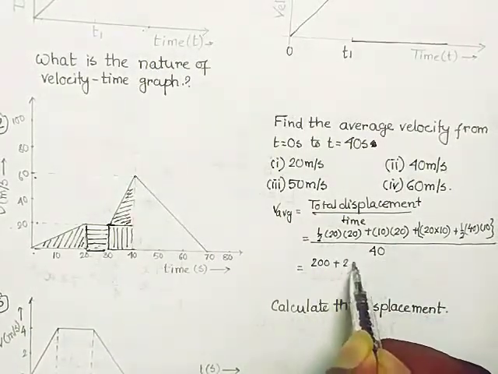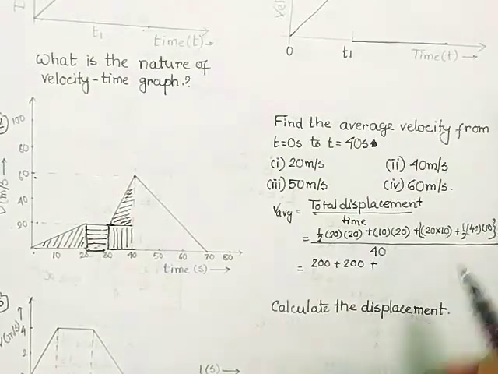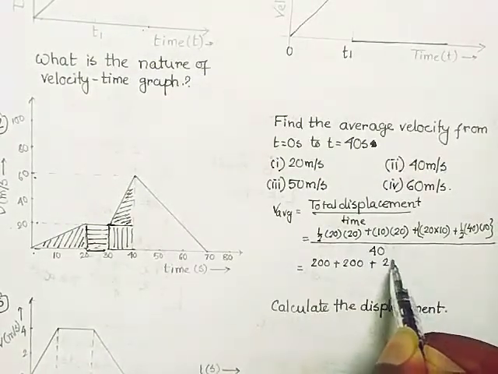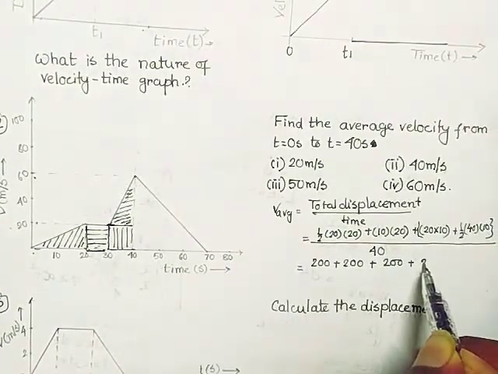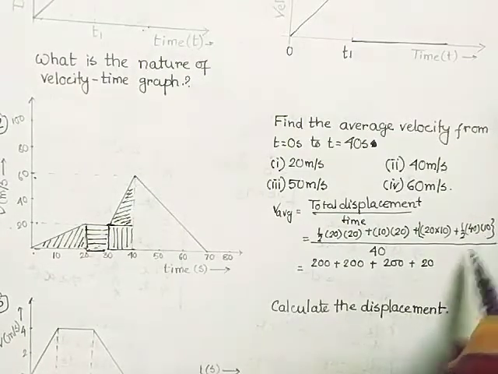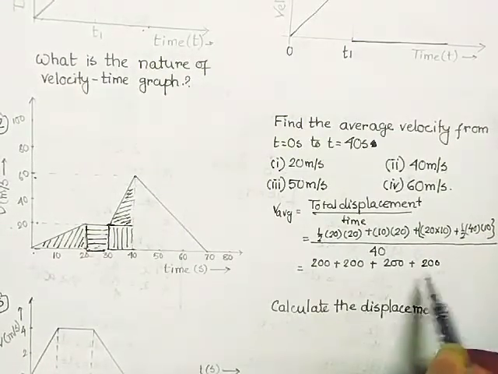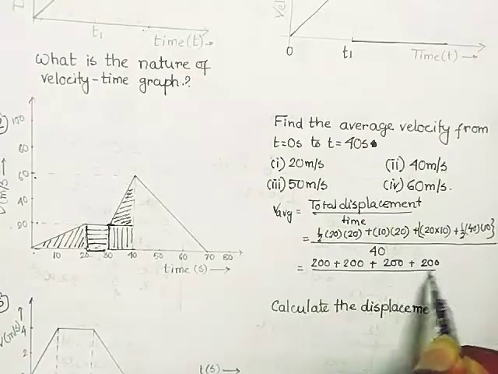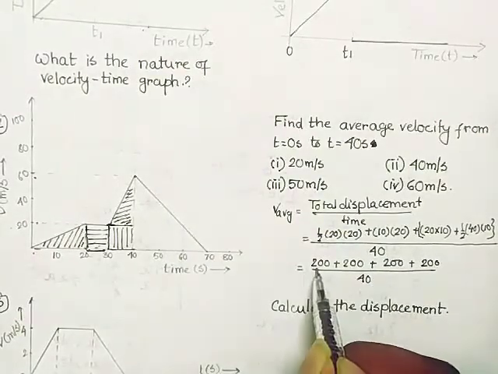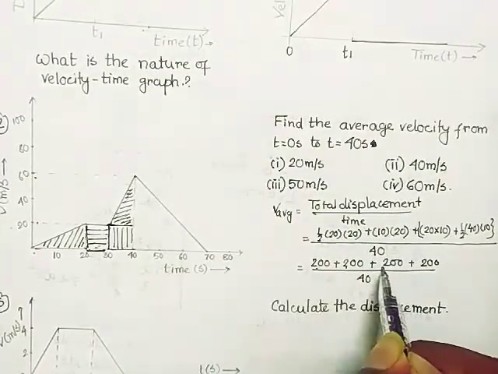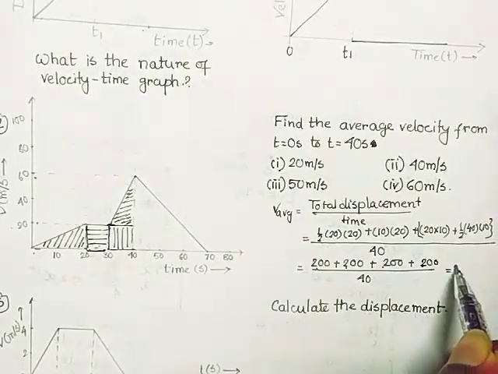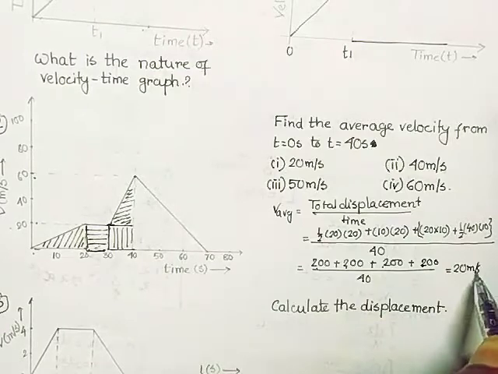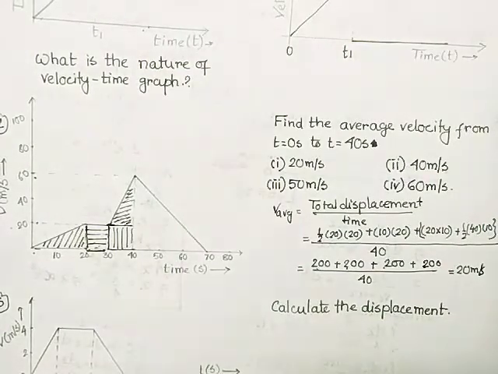Here is also 200, and here is also 200, plus 20 into 10, that is 200 again, divided by 40. So 200 plus 200 is 400, plus 600, plus 800. 800 divided by 40 is 20 meters per second. So this is the average velocity.